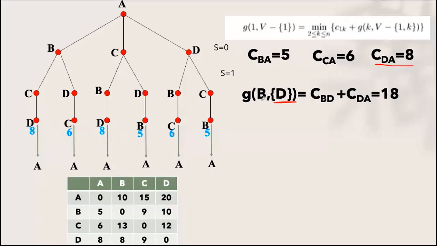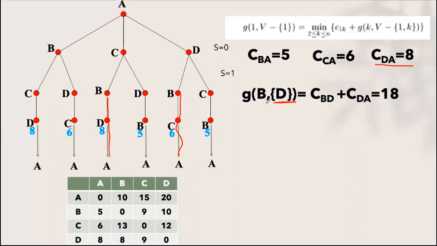I am trying to find this path, B to D to A. Next, B to C to A. BDA or BCA is represented like this.